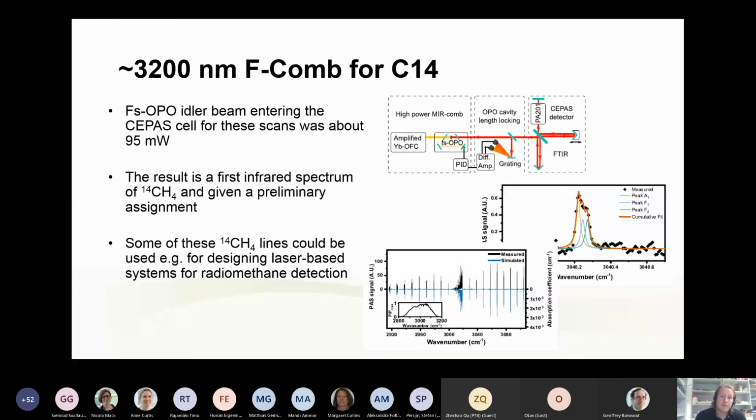But if you don't have knowledge of the infrared spectrum of a specific component, you're forced to measure it yourself beforehand. Now that the spectrum is known for radiomethane, it would be possible to start designing maybe more sensitive laser-based systems for detecting radiomethane.